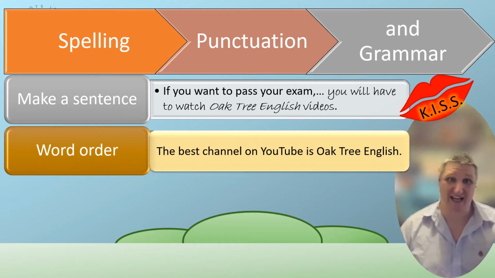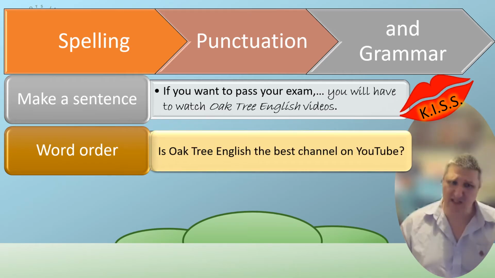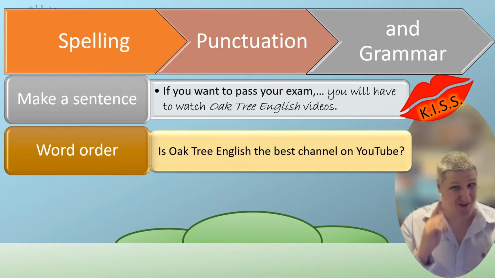Or you can arrange it as a question, so be careful to check whether you're being asked for a question or a statement. Is Oak Tree English the best channel on YouTube? With, of course, a question mark.